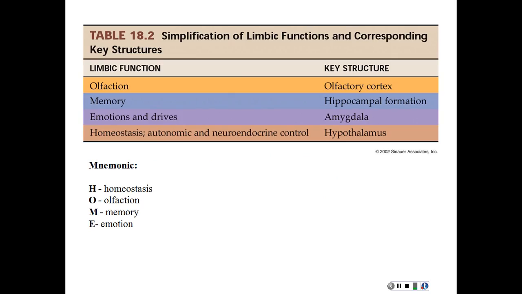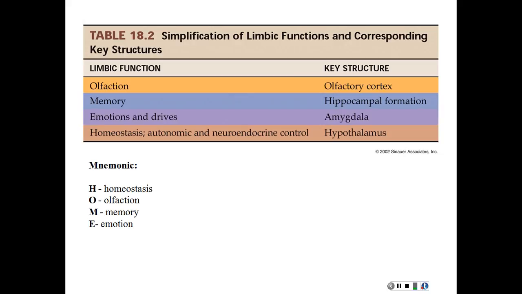But if you think that the limbic nervous system is all about emotion, and that there are other aspects of emotion and drive, memory, olfaction, and homeostasis. And what part of the brain would you expect to do that? If I tell you limbic and olfaction go hand in hand, you can get that. So the olfactory nervous system is cranial nerve number 1. Memory, one word in the brain goes with the word memory: hippocampus.